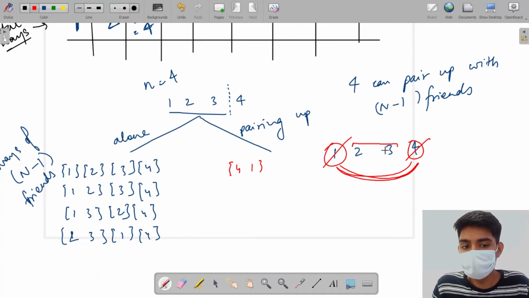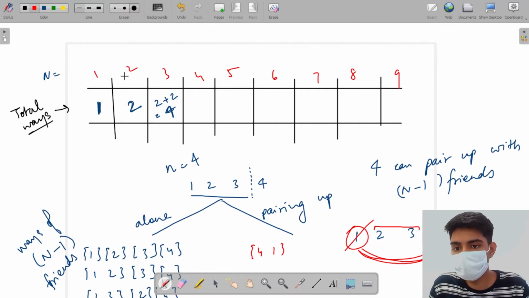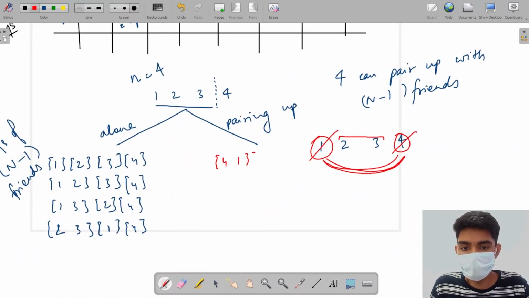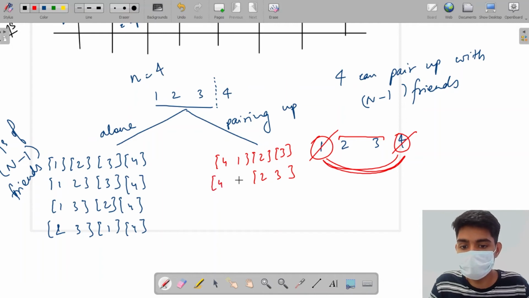For 2 and 3, there are going to be 2 cases, because we have already discussed that if there are only 2 friends left, then there are only 2 cases: either 2 and 3 can go alone, or they can go in pairs, right? And this is the case where 4 is paired up with 1. So this is going to be my answer if 4 is paired up with 1, and the rest of the ways would be for n minus 2.